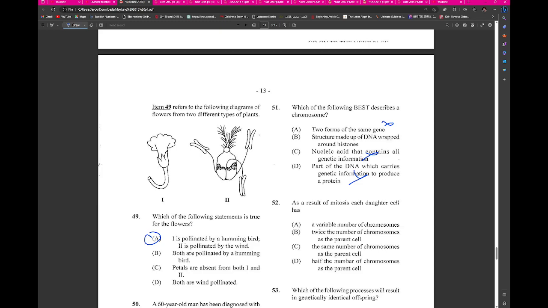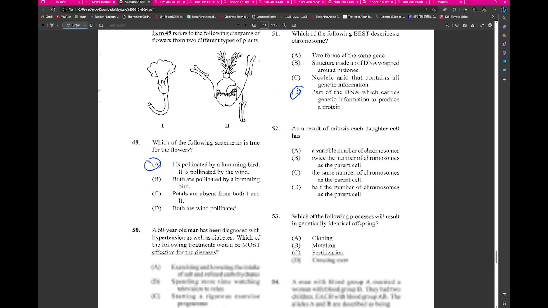Why do all of these seem so wrong? Let me check. Let's just say this. It's really terrible.